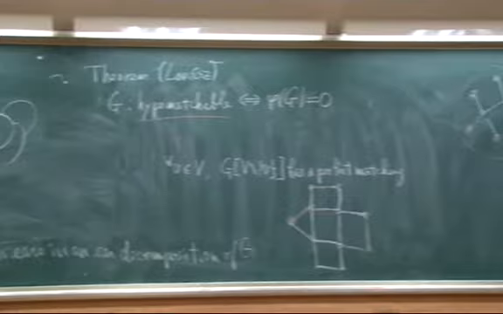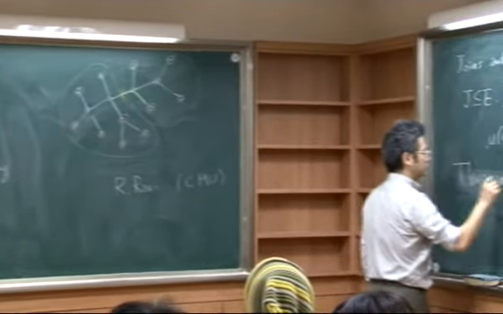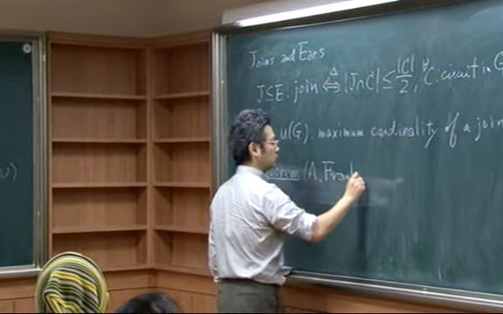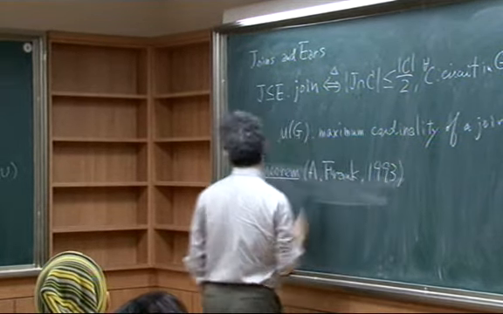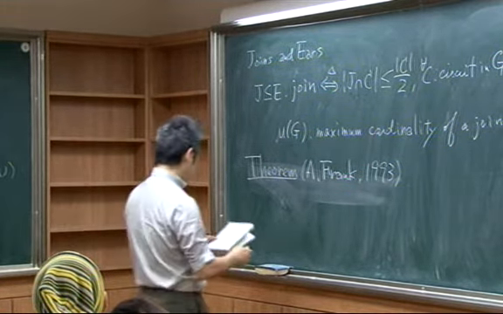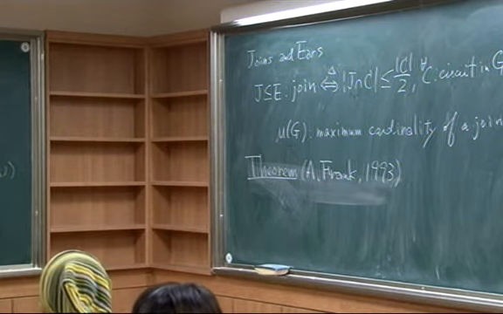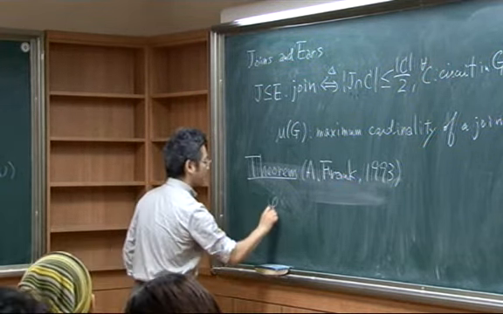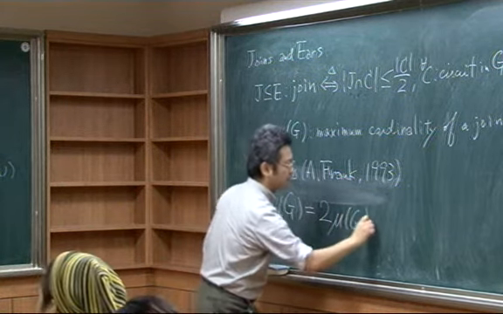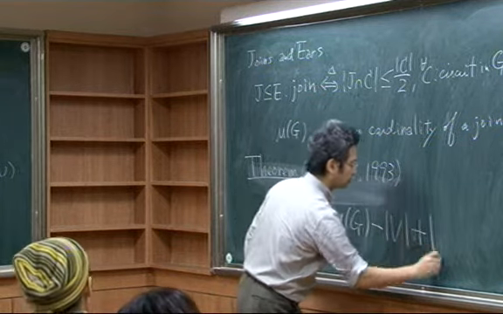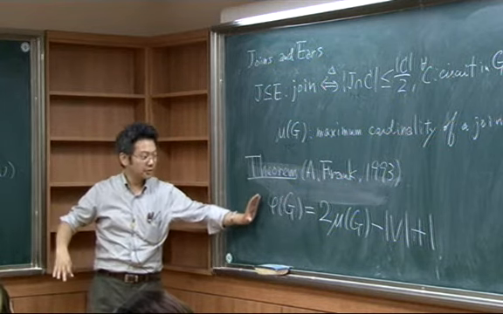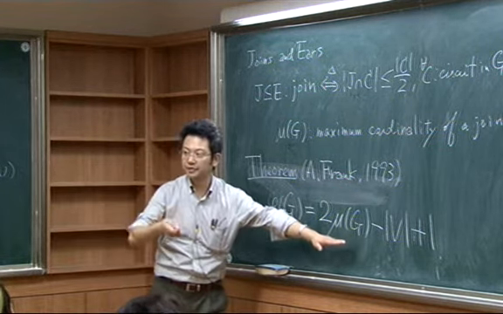Now the theorem of Andras Frank, 1993, is that phi of G is equal to twice mu of G minus V plus 1. So phi of G is a kind of minimum value, and mu of G is a kind of maximum value of the joint.